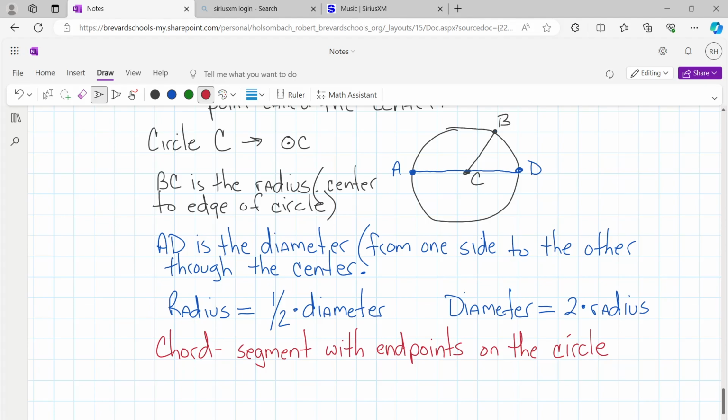A segment with endpoints on the circle. So if we take a point E right here, and we put it on the circle, and then we take point F and put it on the circle, and we connect them, we've got a segment with endpoints on the circle. That's referred to as a chord.